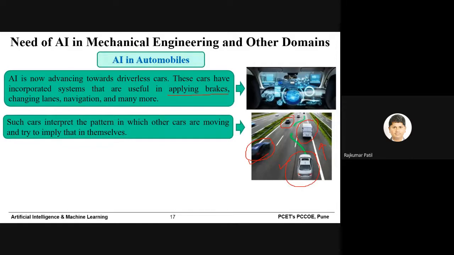and which lanes the other vehicles are in. Accordingly, by processing all those parameters, the car will take the decision to change the lane, and after traveling a certain distance, it has to come back to its original lane. So a lot of data is to be processed, and based on that a decision can be taken.